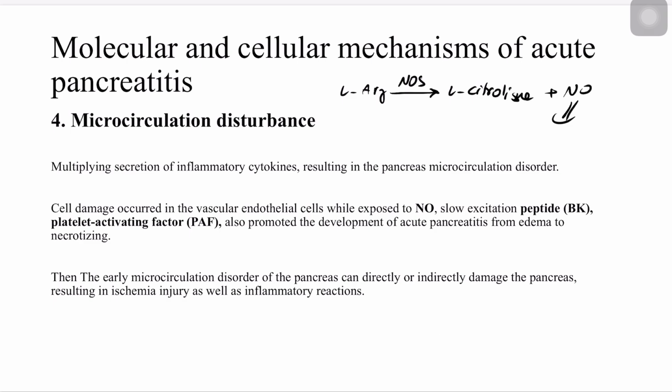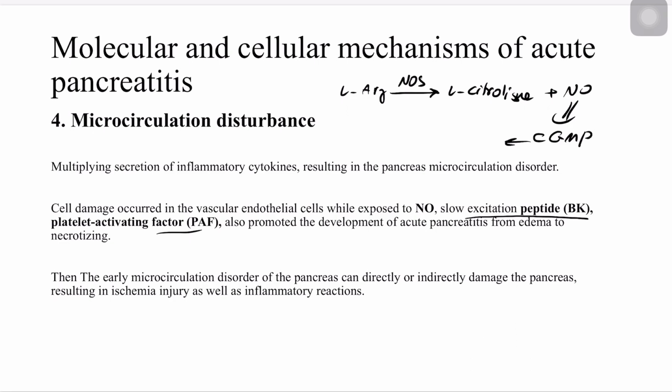Nitric oxide can affect the cGMP cascade, and muscular relaxation can happen, and also this nitric oxide can affect the excitation of the peptide BK or platelet activation factor PAF, and promote development of acute pancreatitis from the edema to the necrosis, because it can cause coagulation, and in this case unfortunately edema converts to necrosis.